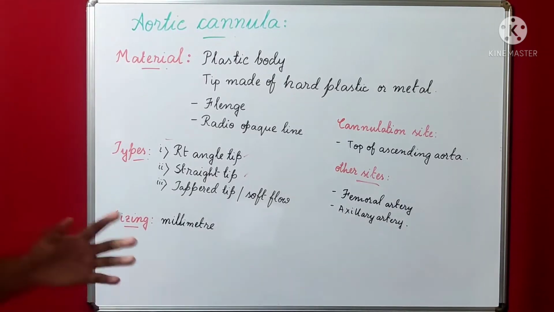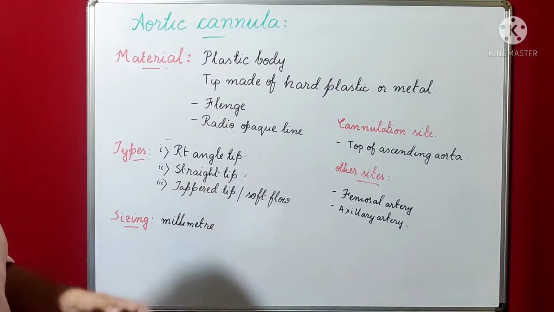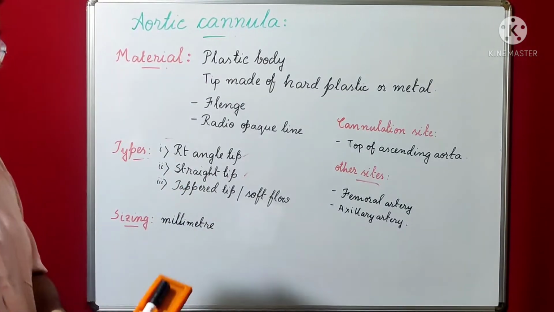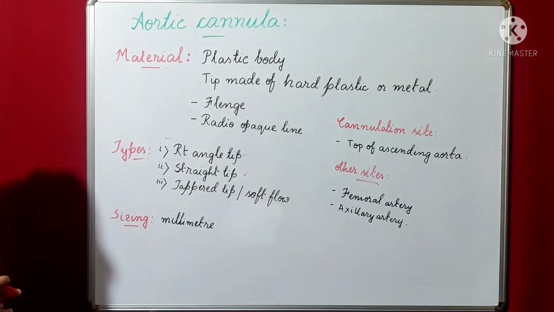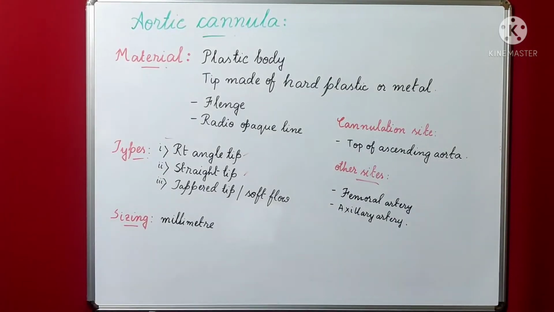Obviously, this part is a little bit tougher than the other parts, so there will be a lesser chance of rupture or tearing. So this position is usually used, and in this location, the cannulation site is proximal to the origin of the brachiocephalic artery, and the site should also be a little to the left of the anterior aortic surface.